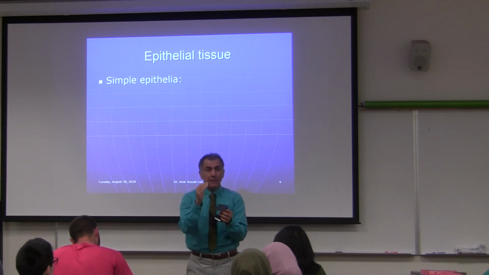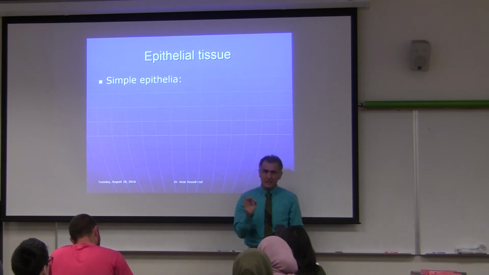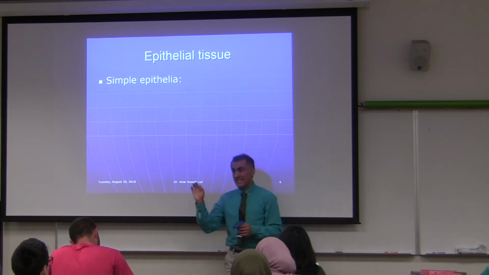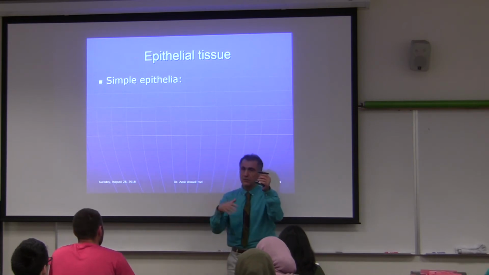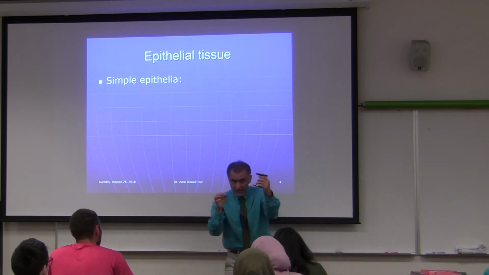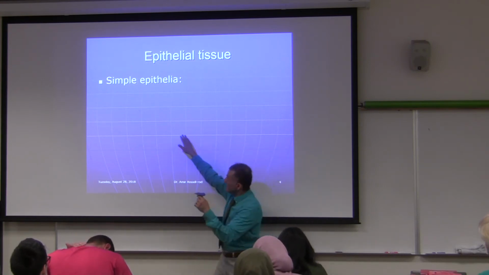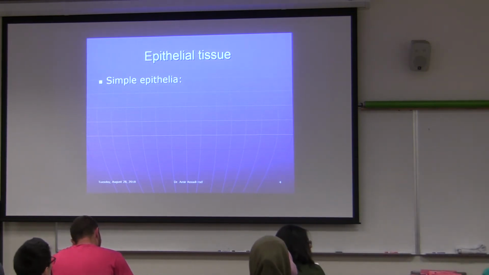So during lab practical exam, if I put something on a microscope, I want you to specifically say what that is. Not just epithelial tissue. You write down epithelial tissue, I will not give you credit. I want you to write down simple squamous epithelial tissue.